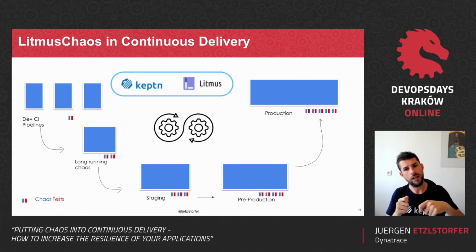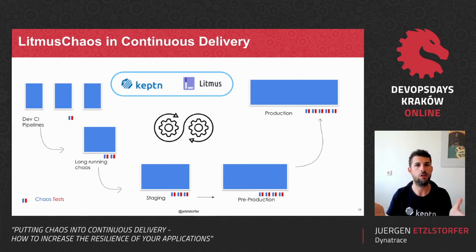And whichever chaos engineering framework you want to use, like Litmus, Gremlin or AWS FIS, you might want to use it in continuous delivery pipelines.